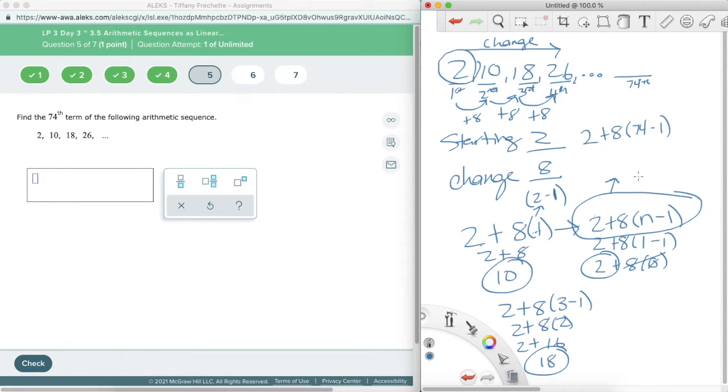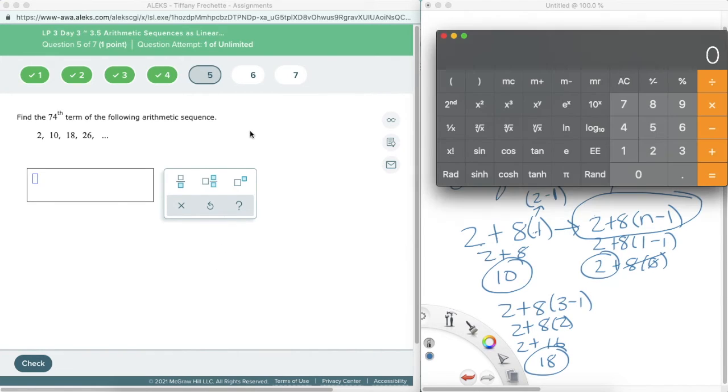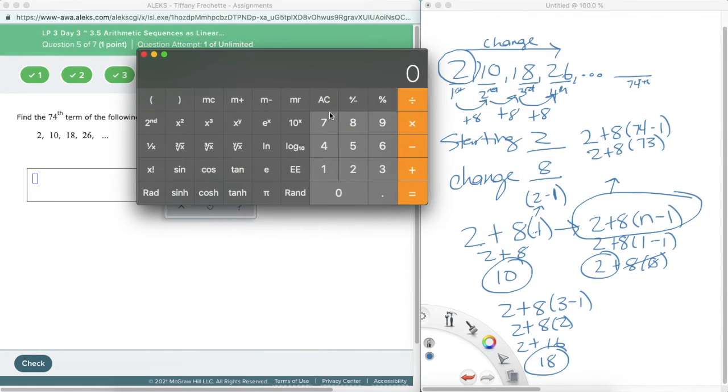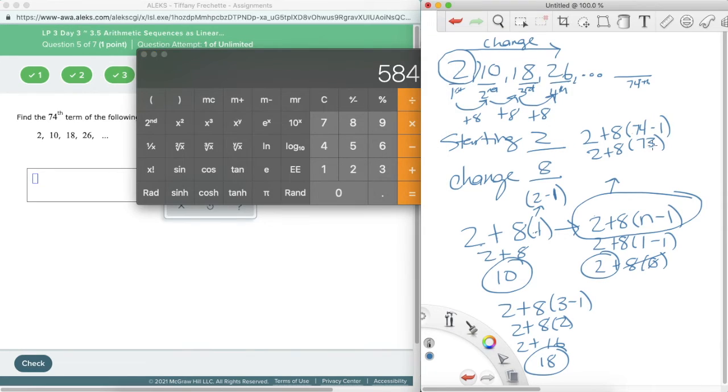So now I have 2 plus 8 times 73. I just wanted to grab the calculator instead of trying to guess this one. So we have 73 times 8 equals 584, plus 2. So now if I add 2 to this, I get 586.